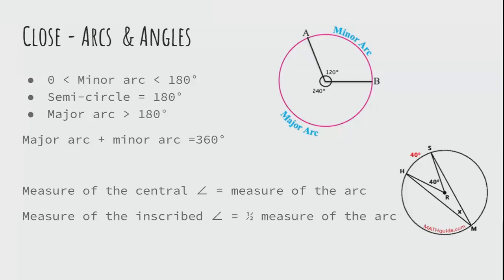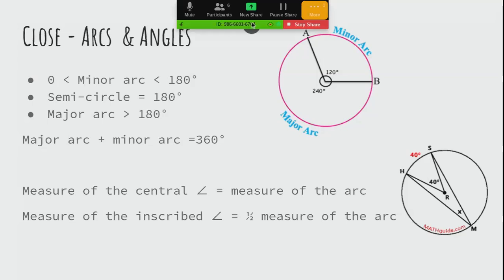Because the related arc is 40 degrees, the value of x would be 20 degrees.